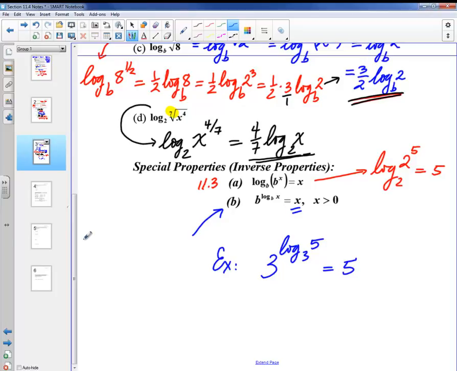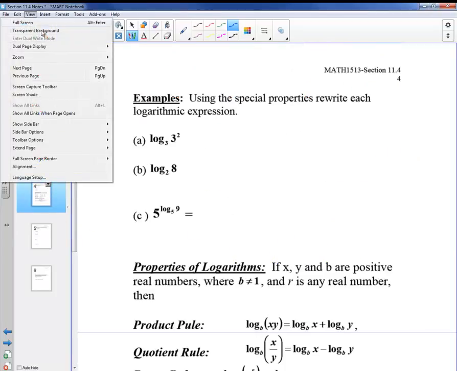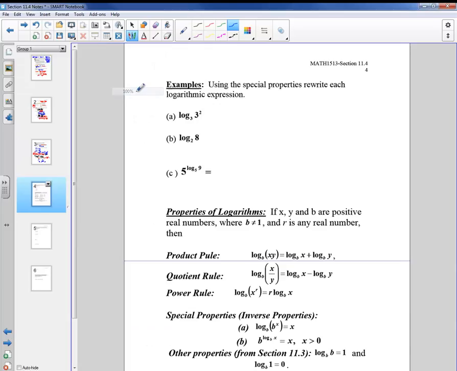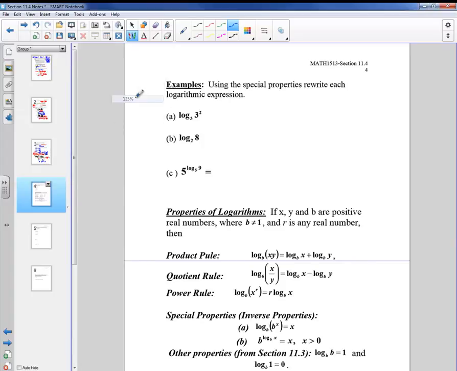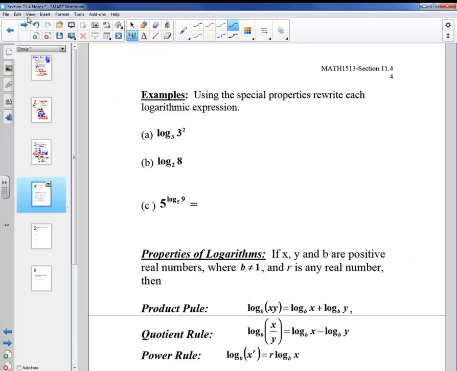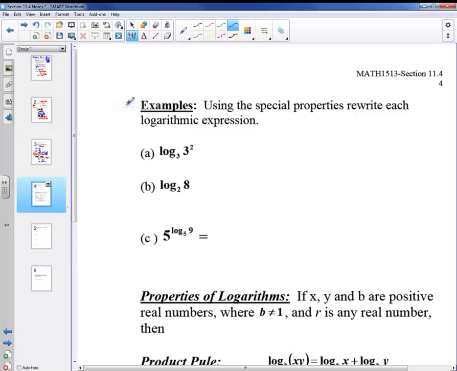Okay, let's look at some more examples of those. And let me go ahead and make this a little bit bigger. Okay, it says use the special properties to rewrite each of the logarithmic expressions. So you have log base 3 of 3 to a power.